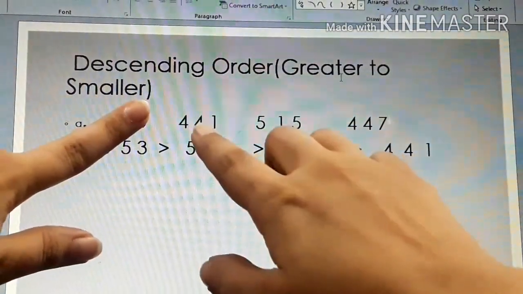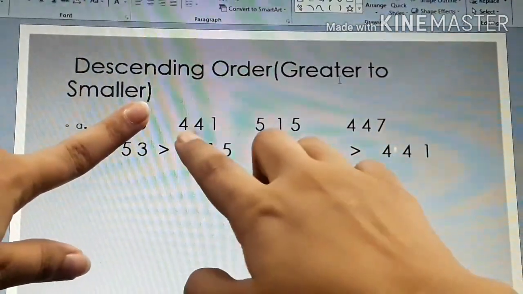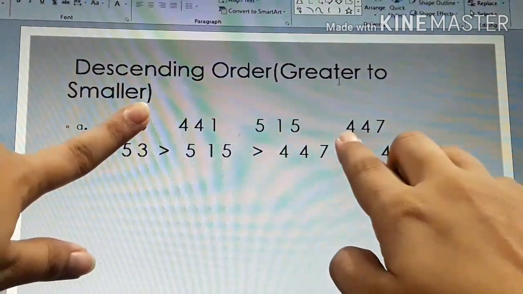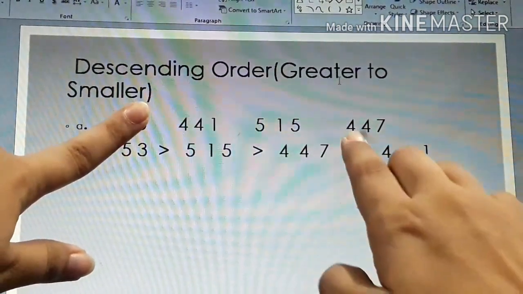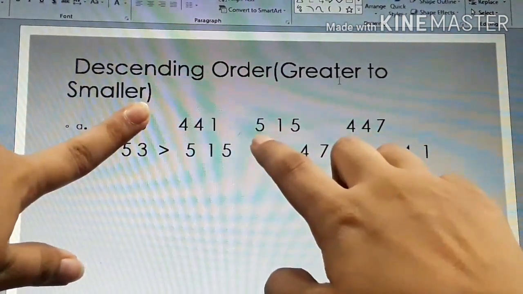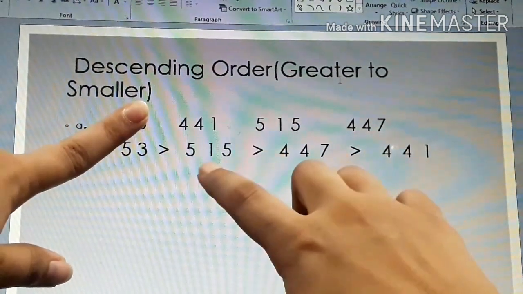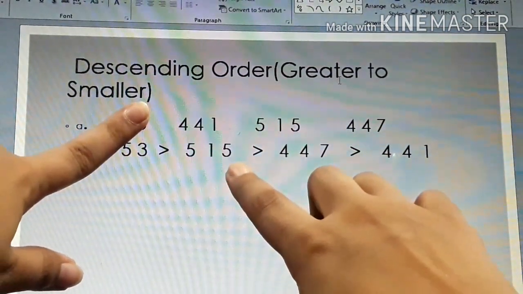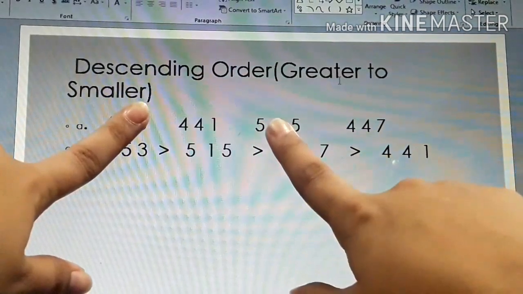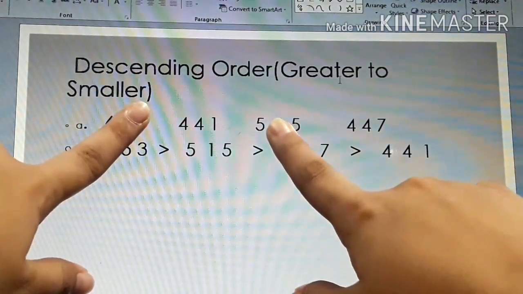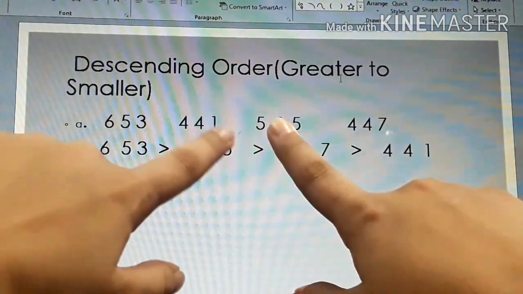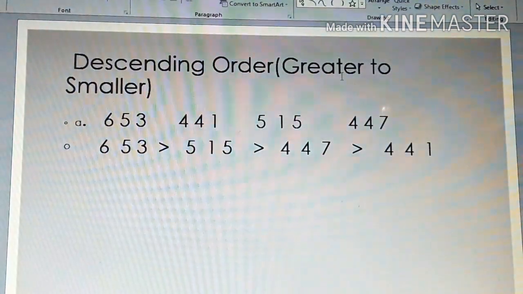Now this is done. We have to choose among these 3: 4, 5, 4. So among 4, 5, 4, children, which is the greater one? 5. That means next comes 515. Clear? Now this is also done, children. Now we have to choose among 441 and 447.